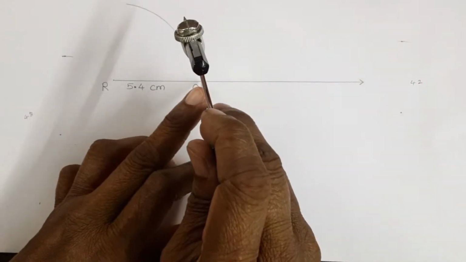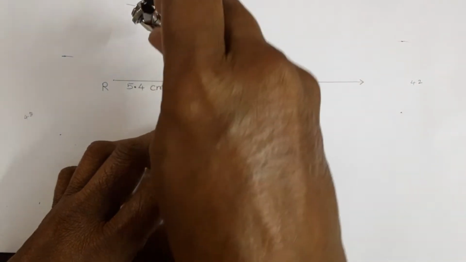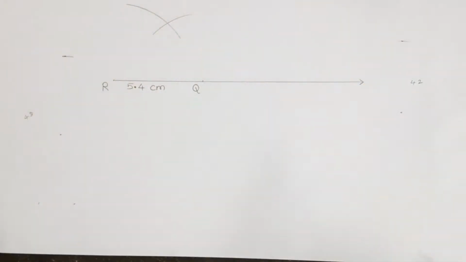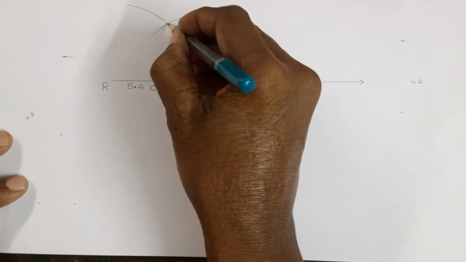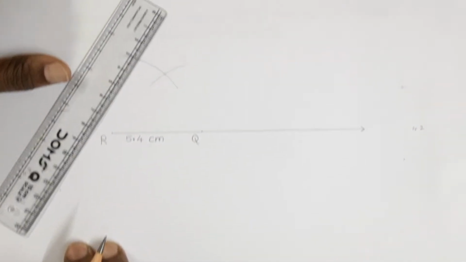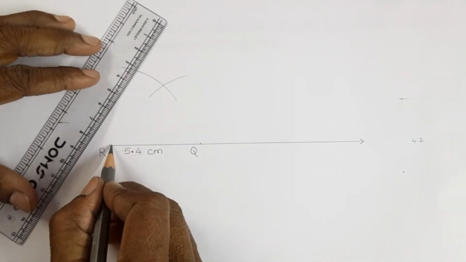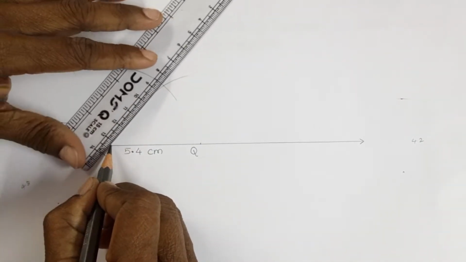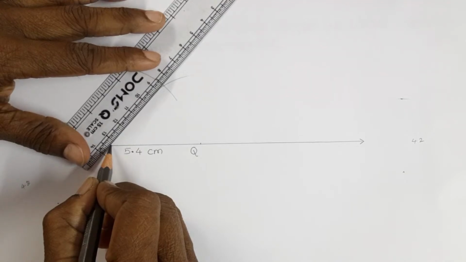From Q you mark the arc. Make the arc. Then this is the intersecting point. Okay, and then draw the triangle.